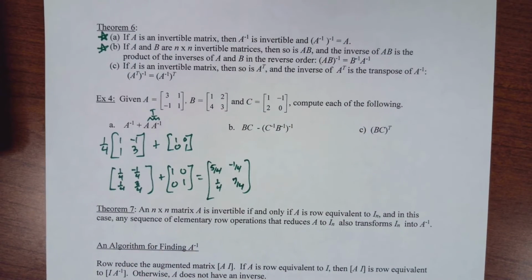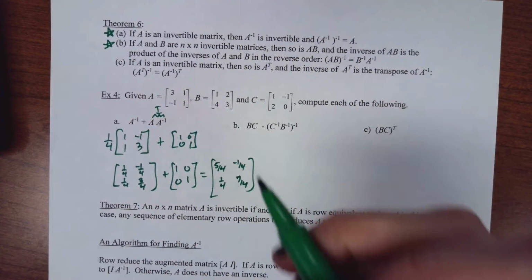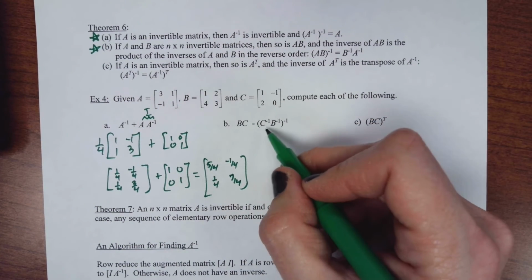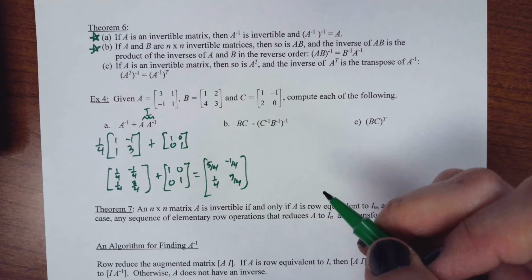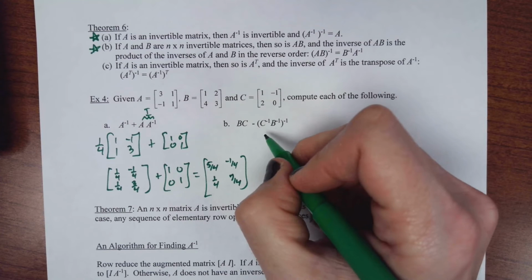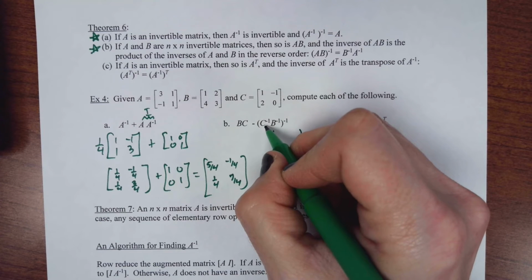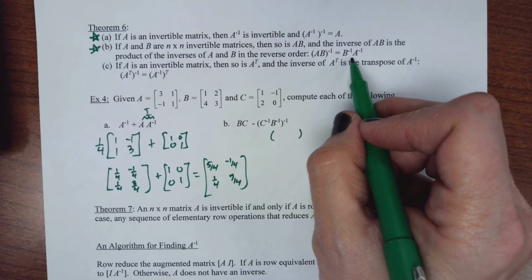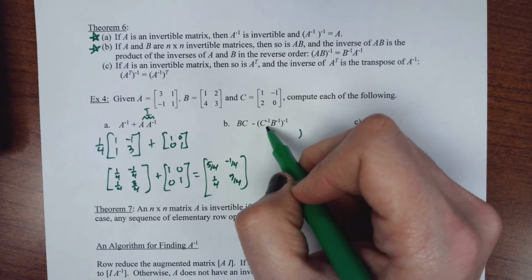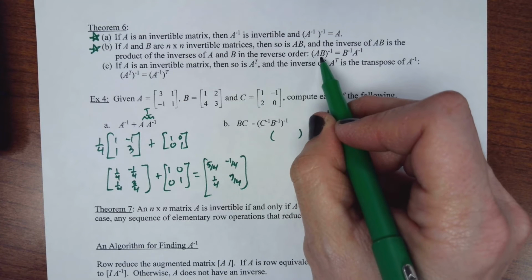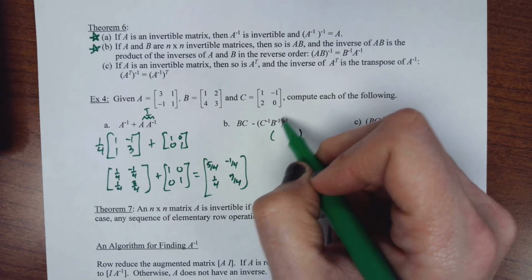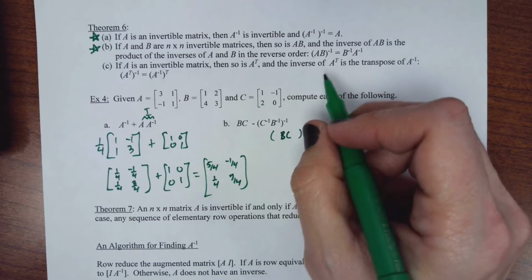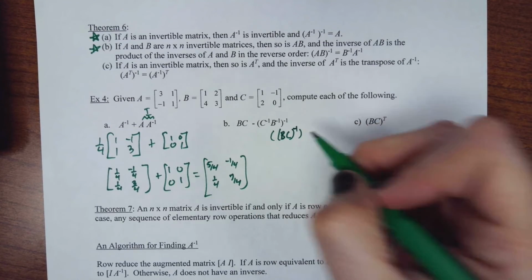All right, so BC. So we could do that if we wanted to. So if we need to, we will. But let's look at this. So let's use some of our rules right here. So inverse C times inverse B, I'm going to use this rule right here. If I switch it around, this simply turns into that. So it's going to be BC, because they're going to switch places, and inverse, right?